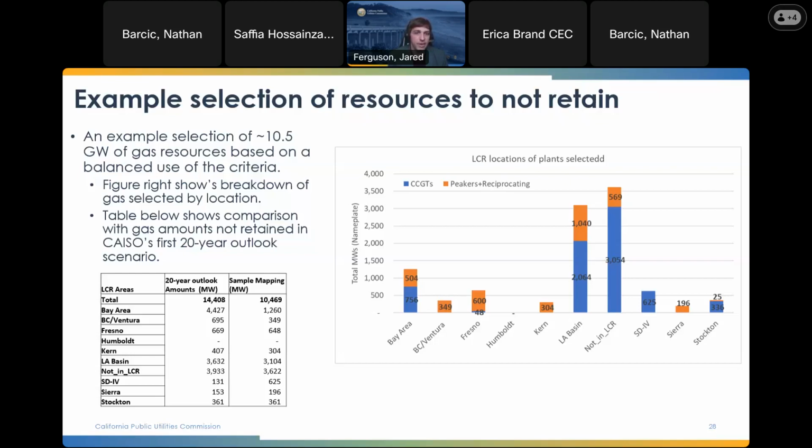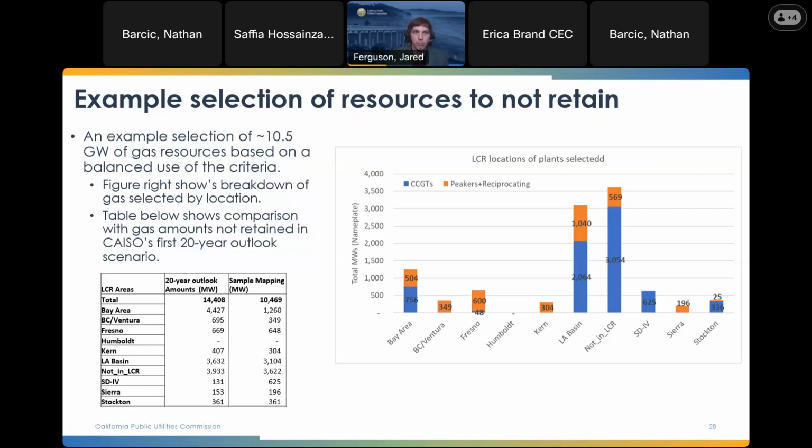You can see their breakdown on the left, and then this sample mapping on the right. The key difference is that in the Bay Area, whereas that was the highest amount in the ISO, this is our third highest amount of retirements.